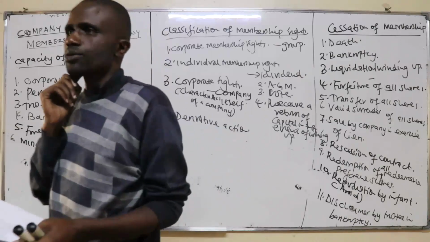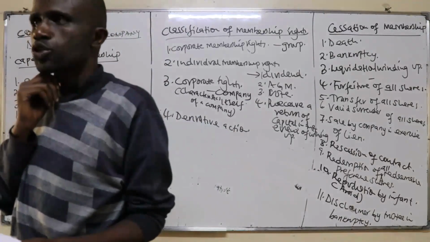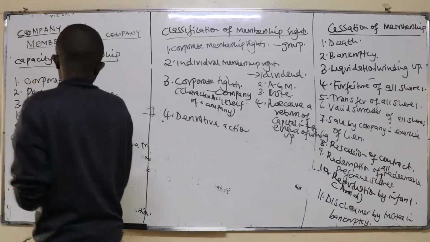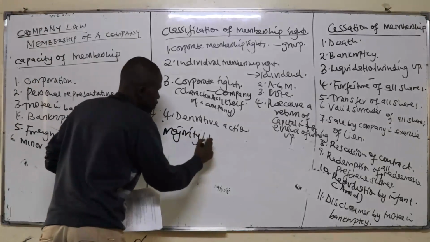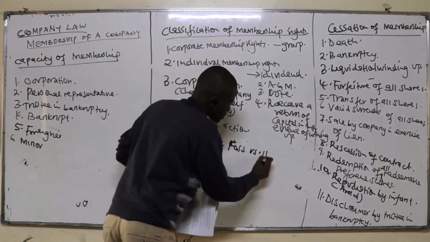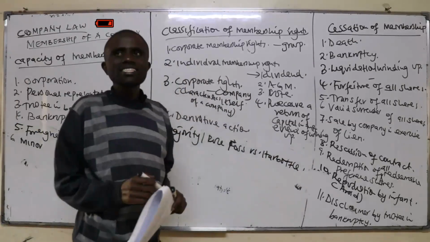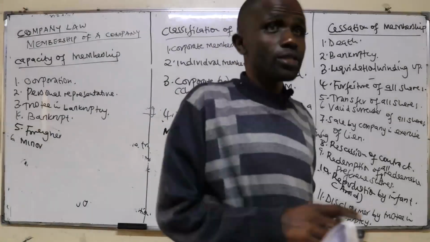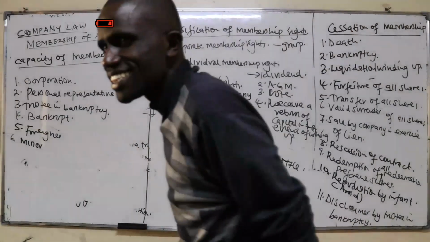Majority rule. Tumesema is the same as the case of Foss versus Harbottle. The majority rule is the same as the rule of Foss versus Harbottle, and what does it state? Kesho nikiuliza mnaniangalia tu. That the proper plaintiff is the company itself.